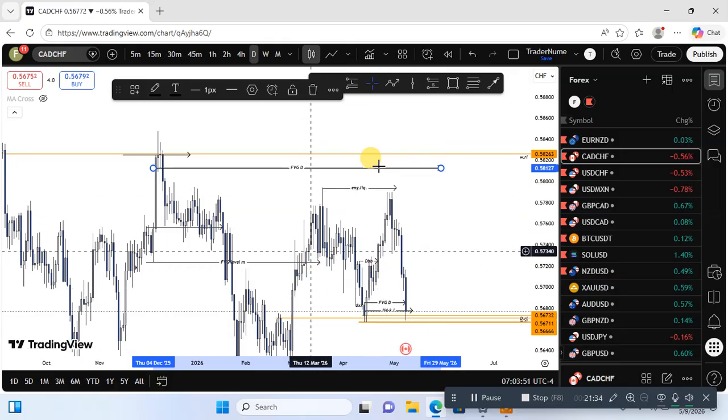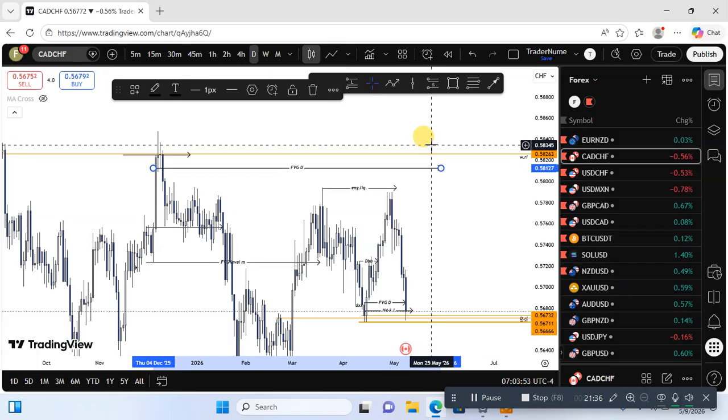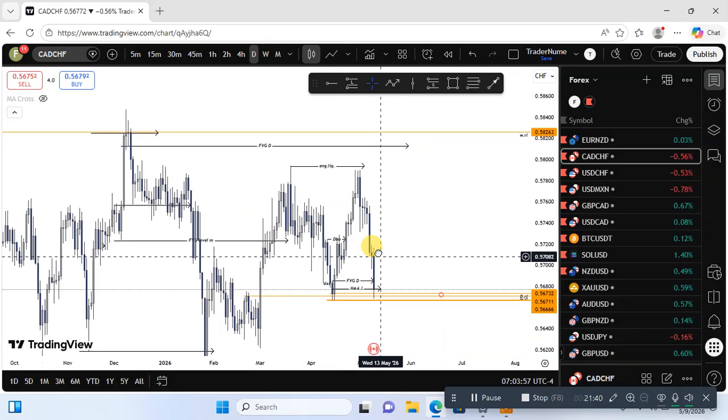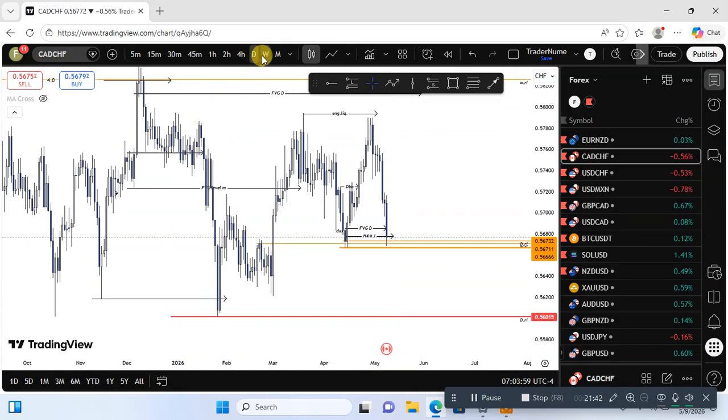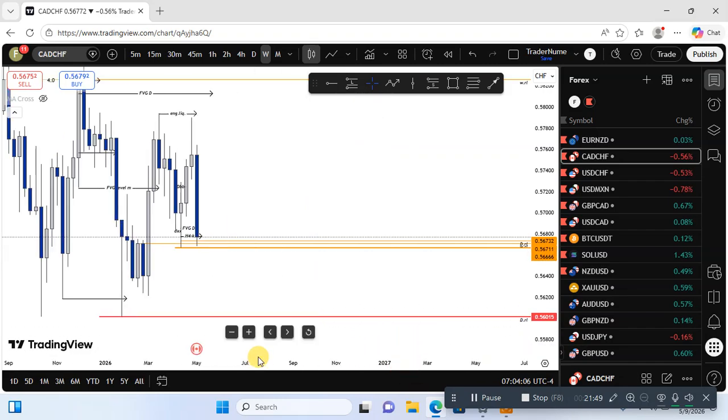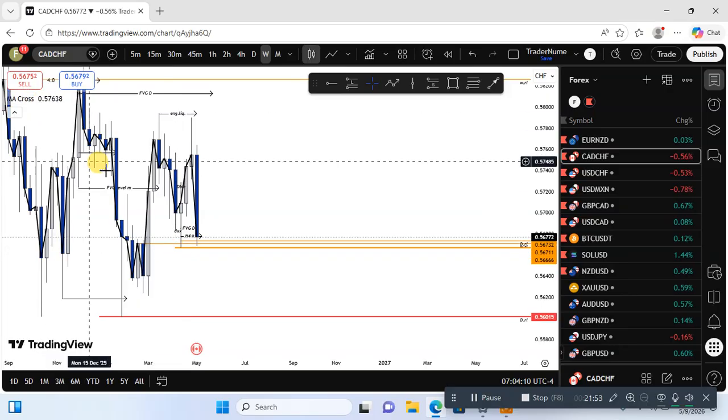We know that this is a sell on a longer term, but it doesn't mean that if we see buys we will not take them, right? So on that buy level, what did we see? When we are trying to buy, we still watch out for how price reacted on key levels.